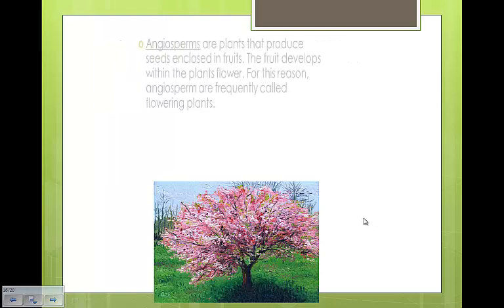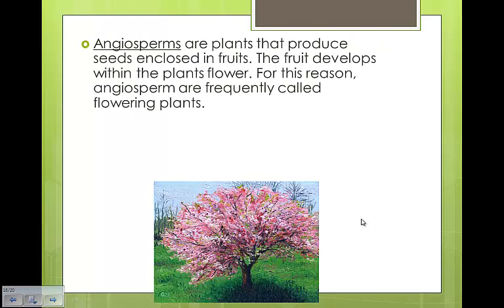All right, now let's look at angiosperm. At this point, you know the prefixes for gymnosperm, but how I like to remember angiosperm is, of course, my name's Angie, and I love flowers. So it's easy for me to remember that the angiosperms are the flowering plants. By definition, they're plants that produce seeds that are enclosed in fruit.